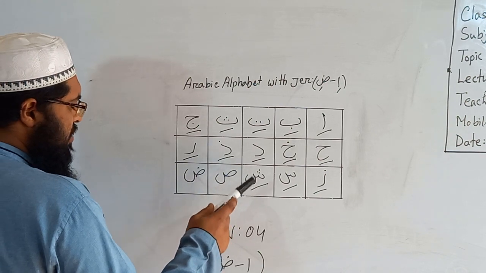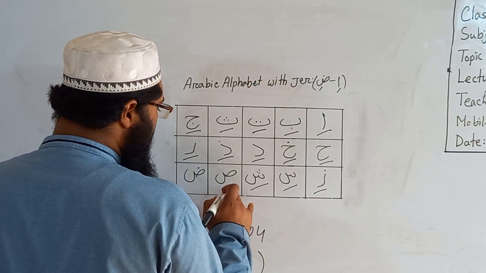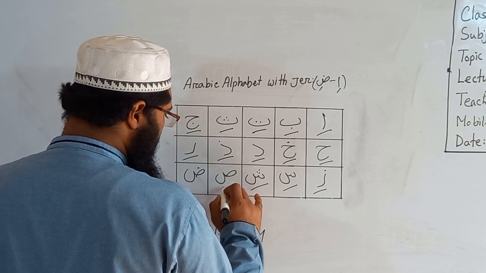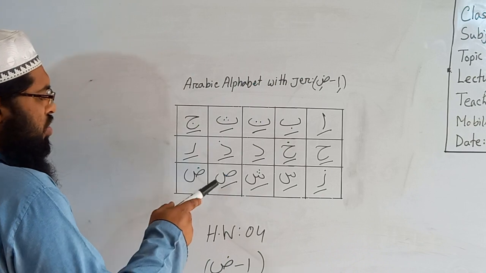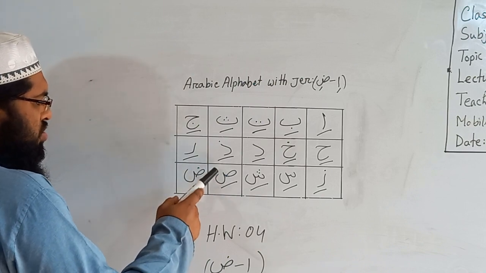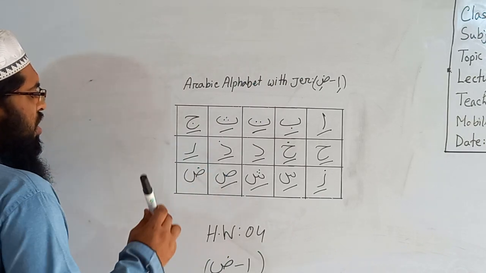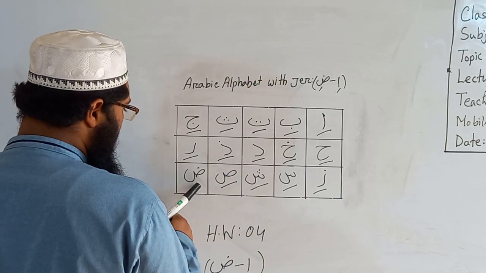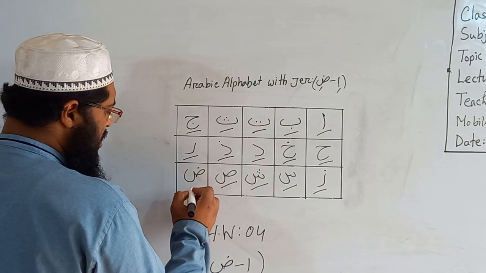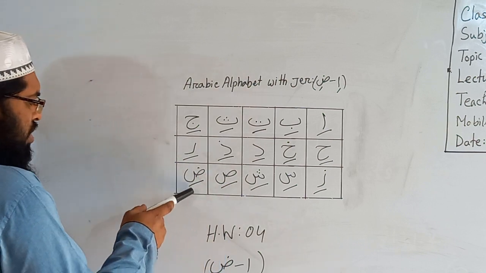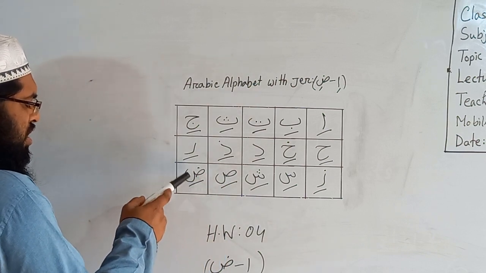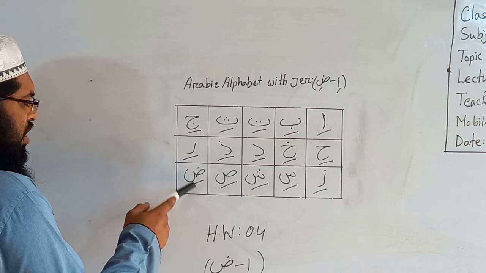Then this one is Sod. I'm giving Jer under the Sod, and you pronounce Sod Zer Si. Now this one is Dod. I'm giving Jer under the Dod, and you pronounce Dod Zer Di.